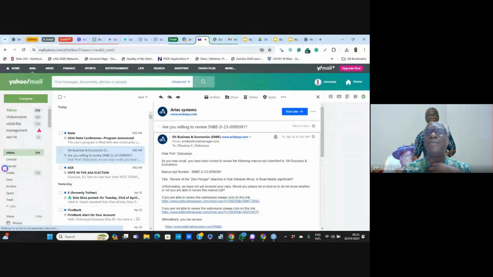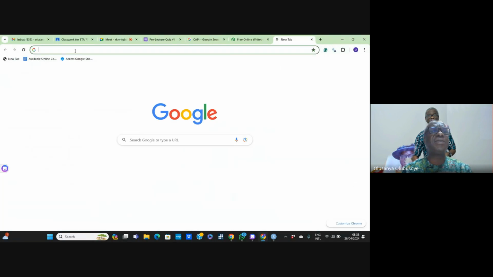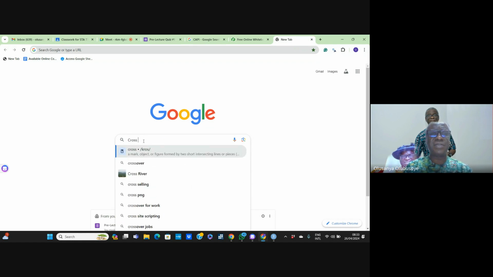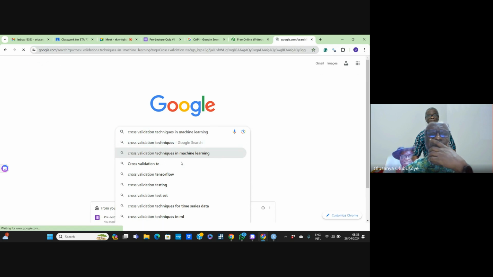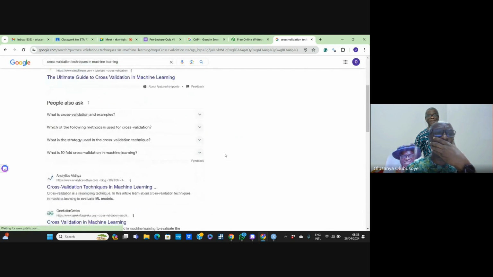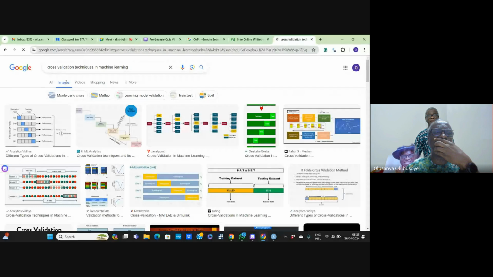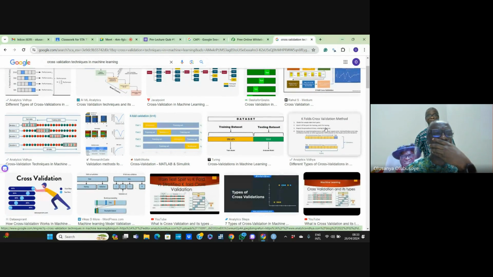You could Google for them, for instance, cross-validation techniques in machine learning. You could have quite a number of them.